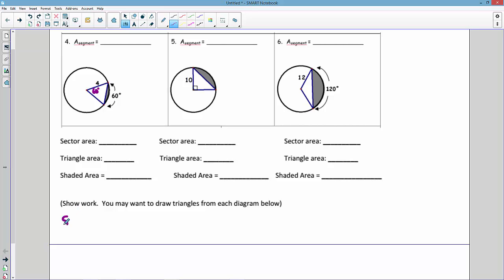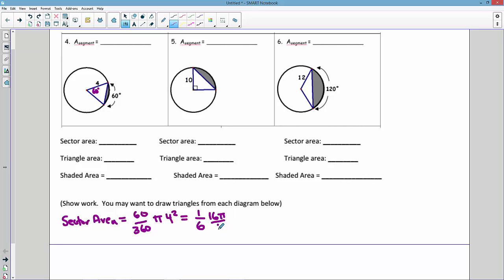So the sector area is going to be equal to 60 over 360, in other words, 1/6, of the area of a full circle. Now the radius is 4, so it's going to be pi times 4 squared. Now if we reduce the first fraction, it's 1/6, and 4 squared is 16, and I like to put the 16 pi in the front.